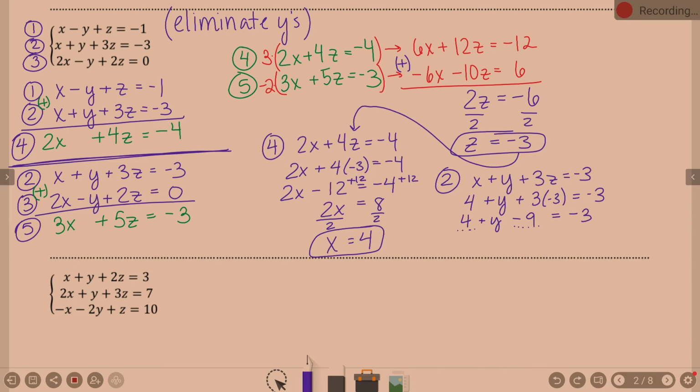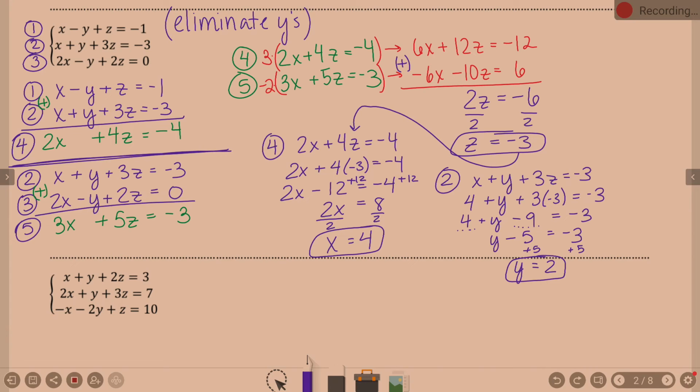Okay. 4 and -9 are like terms, so I still have y. 4 minus 9 is going to be -5. So if I have y minus 5, I'm going to add 5. And y is 2. Yes. It's always a good day when I match my answer key.